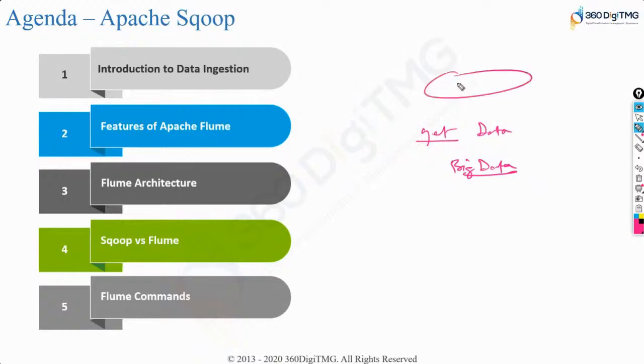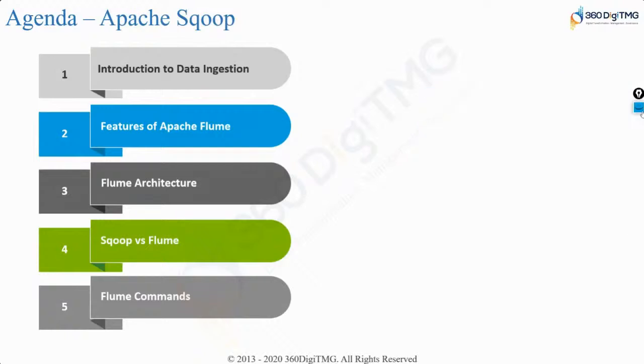The data could be generated from sources and stored in some software, and if it becomes too big, you will not be able to process it there. So you want to bring this data into this specific platform. You're ingesting the data, and that process is called data ingestion.